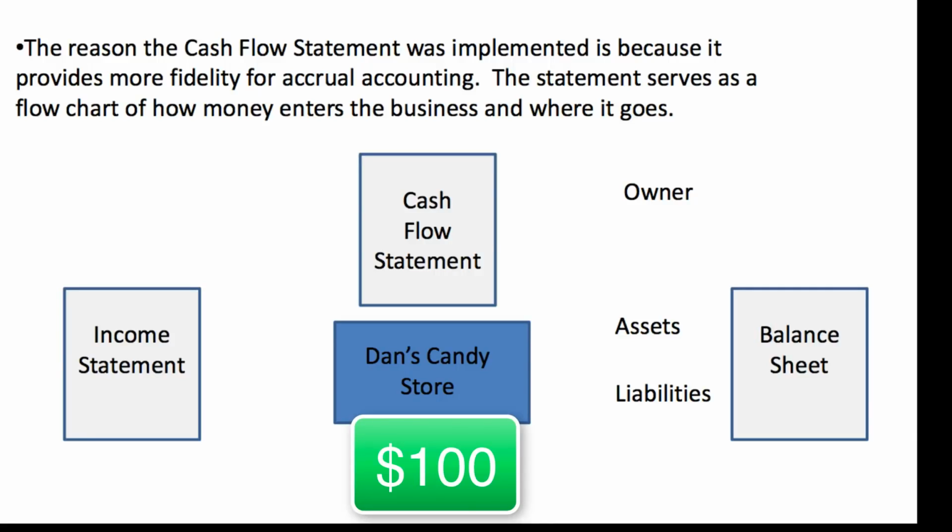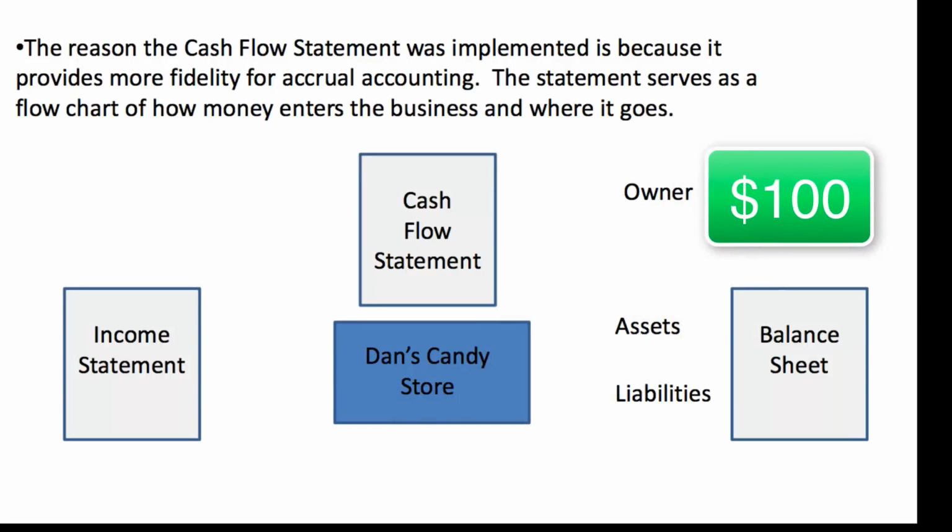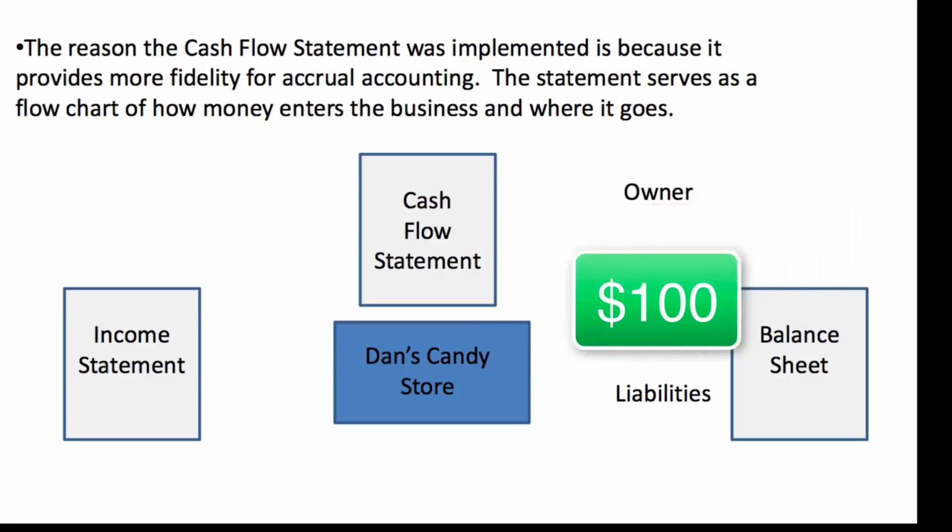The first one that's pretty obvious is if Dan's paying a dividend to the owners of his company, which would be himself. If he's paying himself a dividend, that's not captured on the income statement. So that dividend payment has to be captured somewhere, and that dividend payment is captured on the cash flow statement. You'll see the funds flow out of the company.